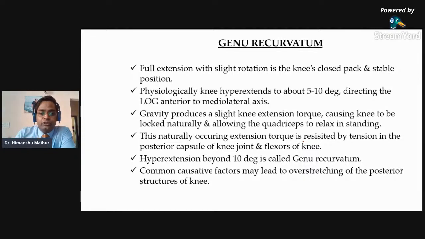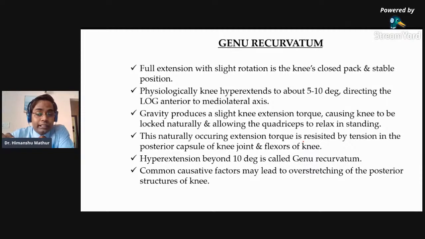Now, this naturally occurring extension torque is resisted by tension in the posterior capsule of the knee joint and the flexors of the knee. Here, the role of the posteriorly lined up soft tissue structures is very important, and the posterior lateral structures also, that we discussed in the class yesterday.